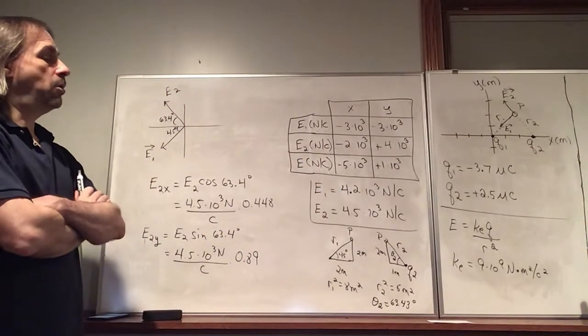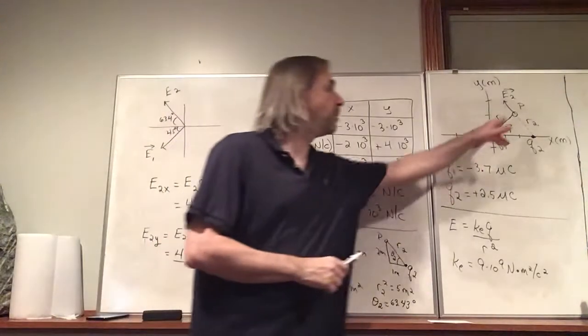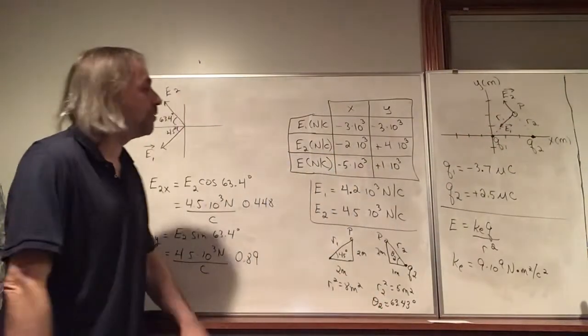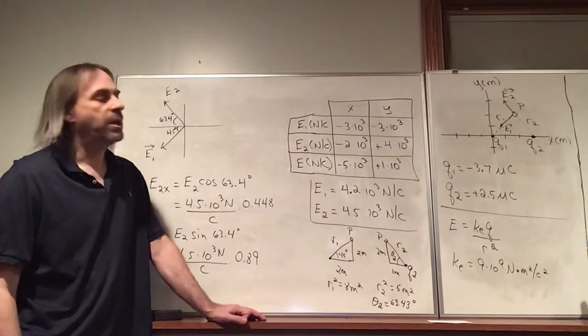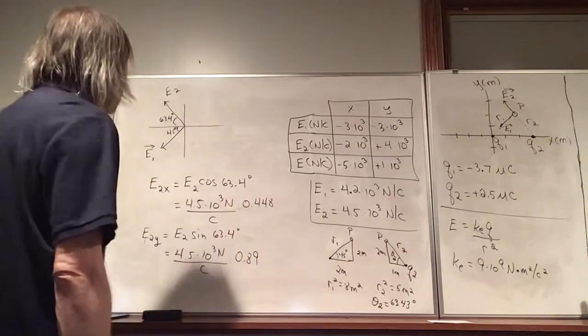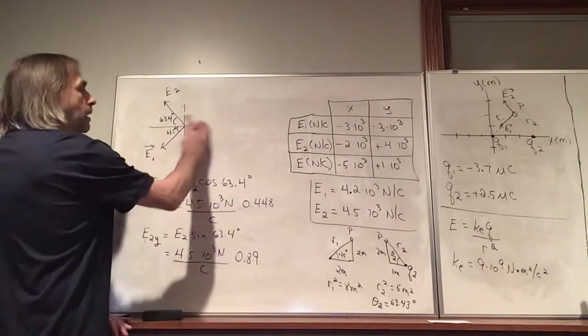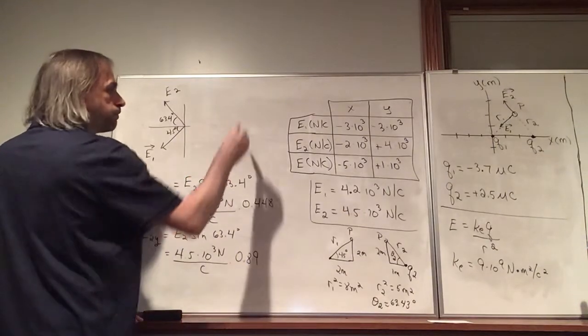Okay, so in a sense we're done. We wanted to find the electric field at this point, and that's exactly what we did. However, we have it in component form. It's often a good idea to find it in polar form as well. So let's draw this.